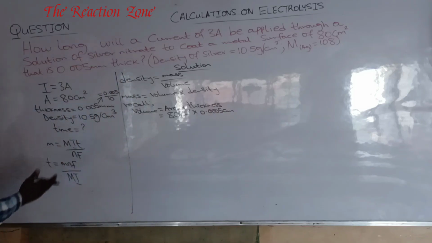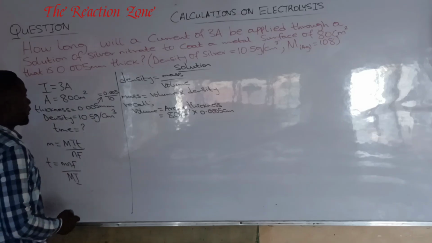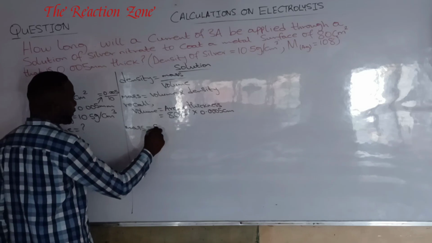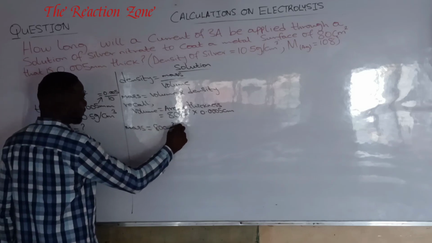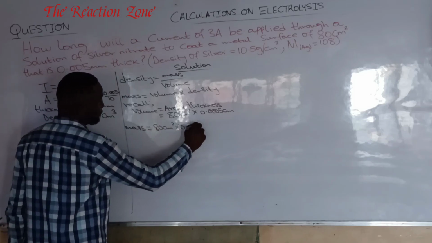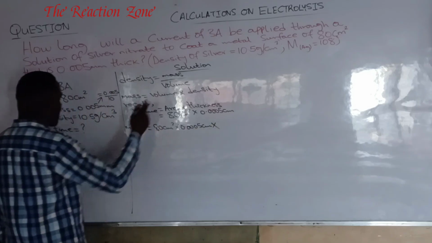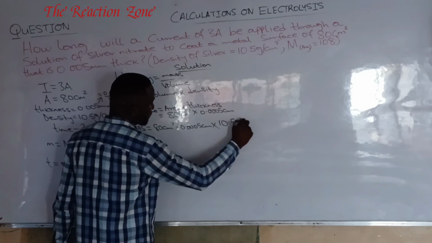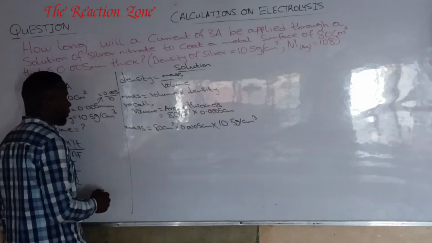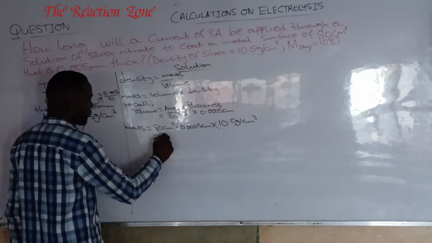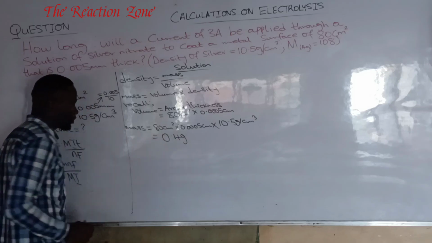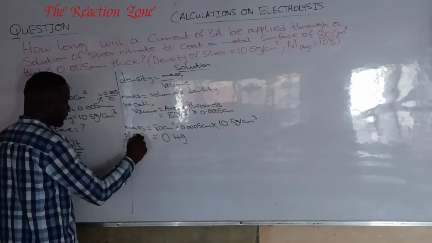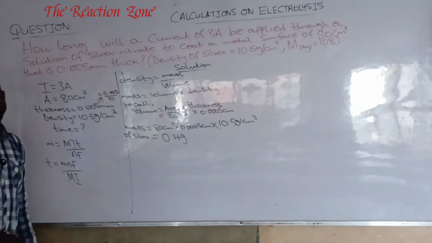Now, this is going to be the volume. Now, we can now find the mass, because we know that volume now is 80 centimeters squared times 0.0005 centimeters multiplied by the density. And the density is 10.5 grams per cm cube. Now when you multiply this, it's going to give us 0.4 grams. So it means that the mass of silver is 0.4 grams.